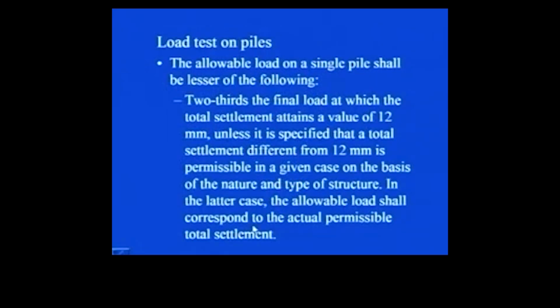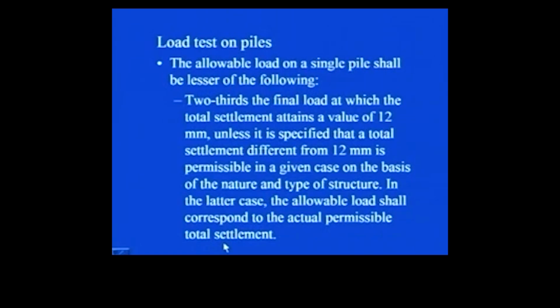If nothing is mentioned as far as the pile load test is concerned, you should take the settlement value of 12 mm. But if, depending on the type of soil and the type of structure, a different settlement value is mentioned, you have to take that value instead of 12 mm. In the latter case, the allowable load shall correspond to the actual permissible total settlement.